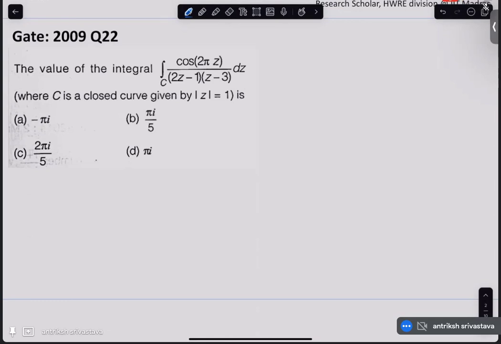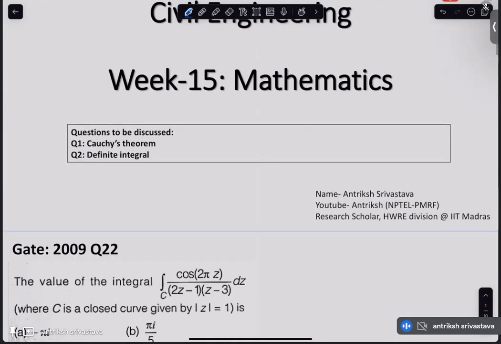Okay. So yeah, today's two topics are going to be Cauchy's theorem, basically for complex integrations seen in the complex number realm, and then a simple question of definite integral. And then we'll look into some more questions that have been asked and that can be asked from the complex numbers related to the integrals only, because complex number is not a very well asked topic in GATE.